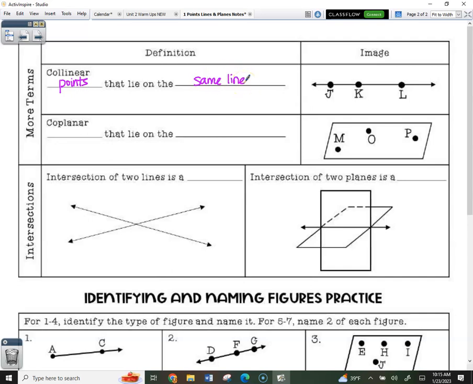Think of the word coexist and then the word line; you can see it in the vocab word itself. So if you look at this example, points J, K, and L are collinear in that picture to the right, because they're all on the same line.